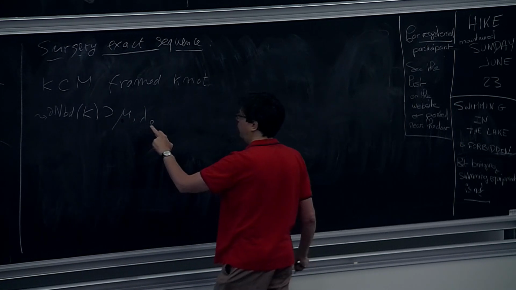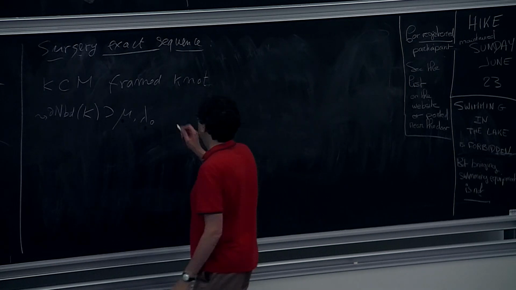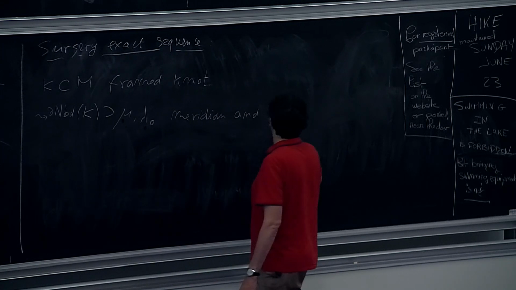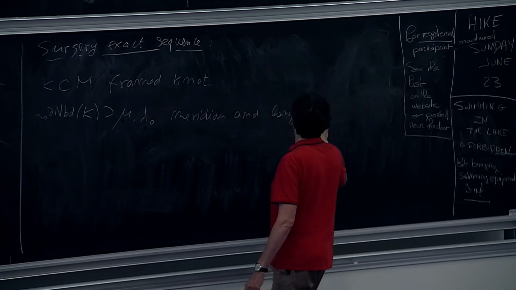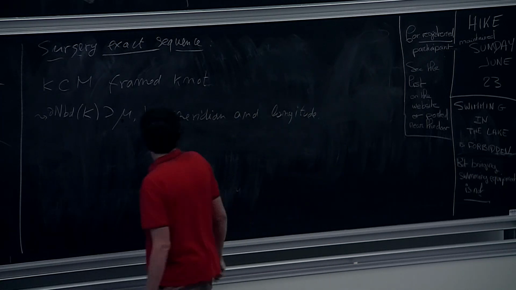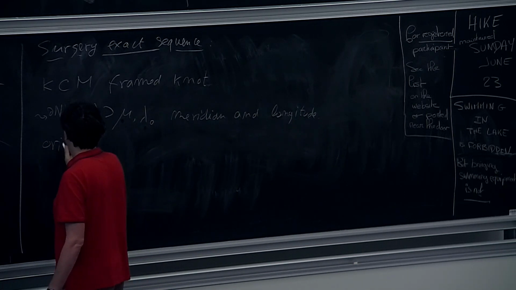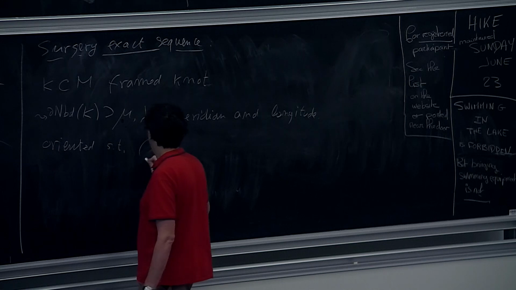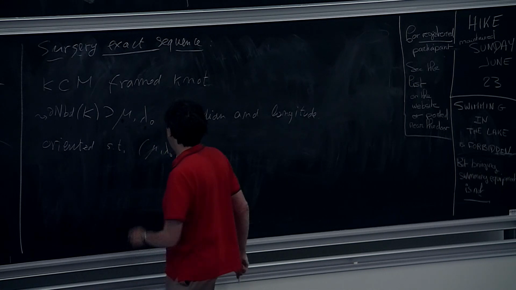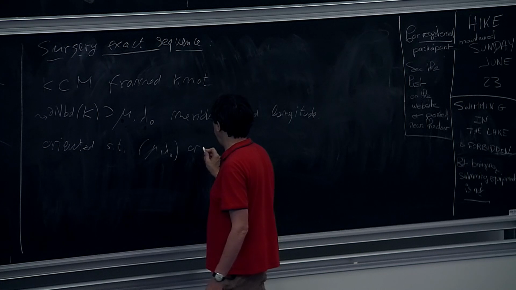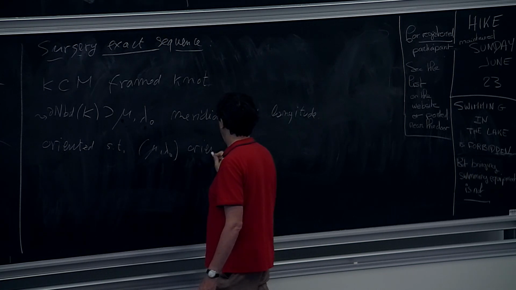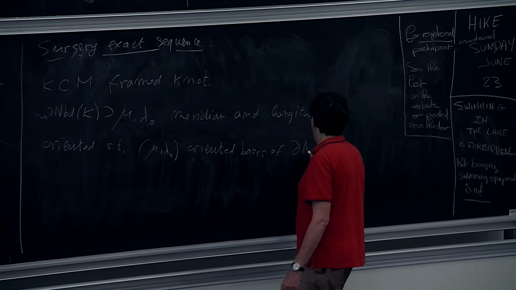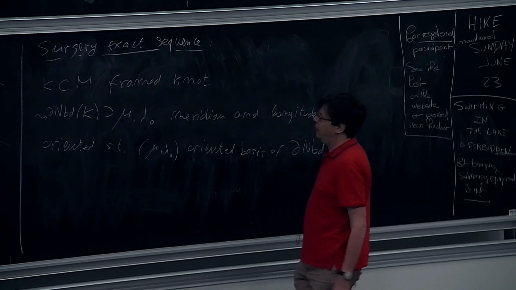The meridian we call mu, and the longitude lambda 0. We orient them such that mu and lambda 0 are an oriented basis of the boundary of the neighborhood of K.